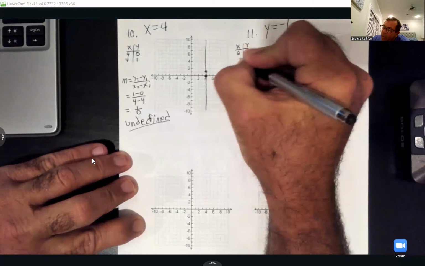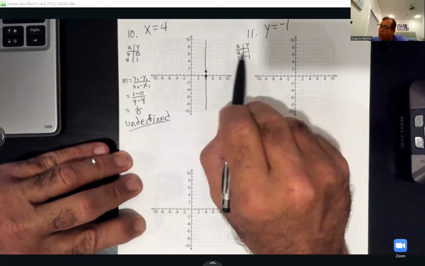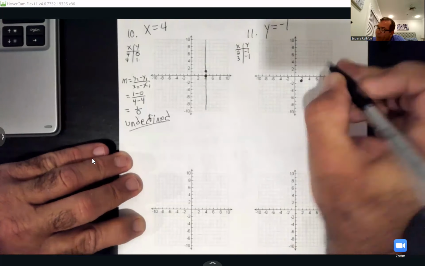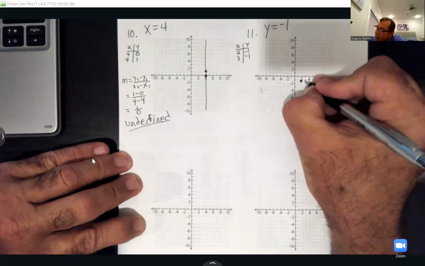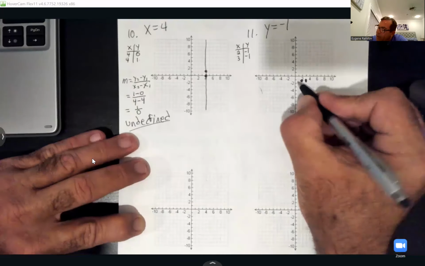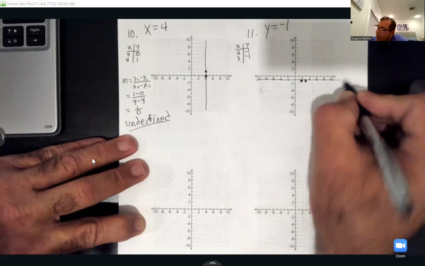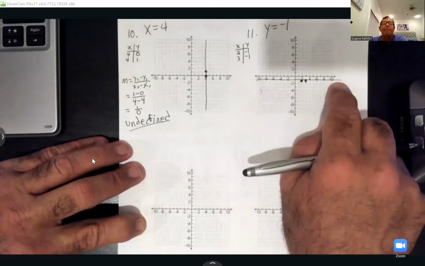How about 2 and 3? So notice I'm going to plot 2, -1. So go right 2 and down 1. I'm going to plot 3, -1. Go right 3, down 1. So if you notice, it's just a straight line going across the -1 value on the y.